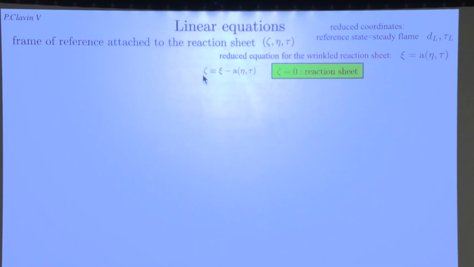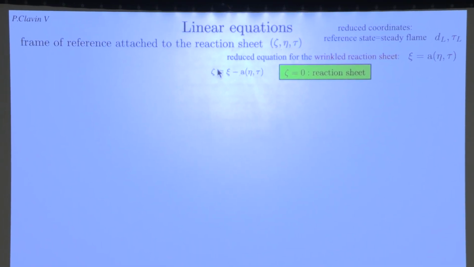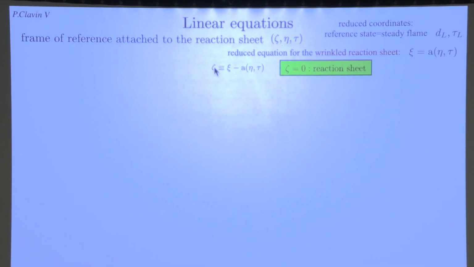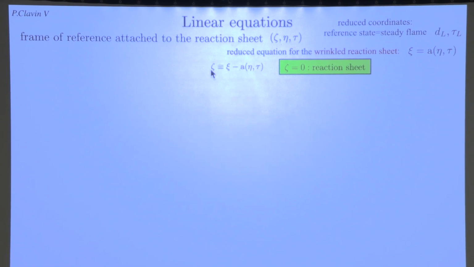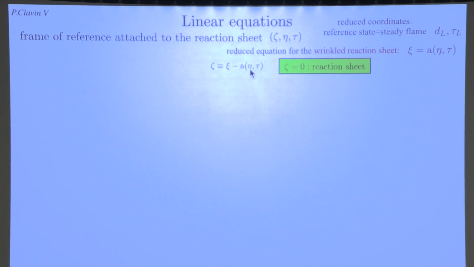Okay, so now your length here, this distance zeta here, is a measure of the distance to the flame sheet, the local flame sheet.